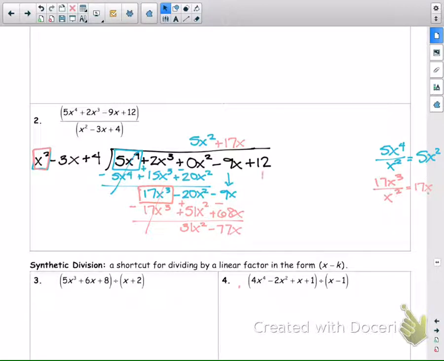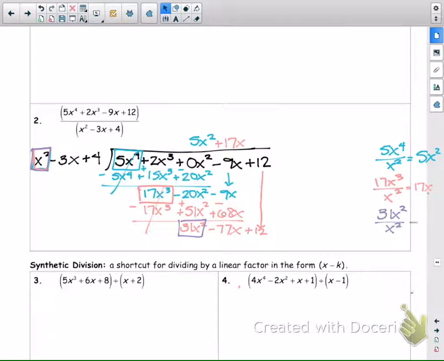Okay, two reasons I know this is my last step. I'm bringing down this last term, the 12, so I know this is going to be my last division. When I divide the first term inside, my 31x squared, by my first term outside, the x squared, I get 31 there, right?